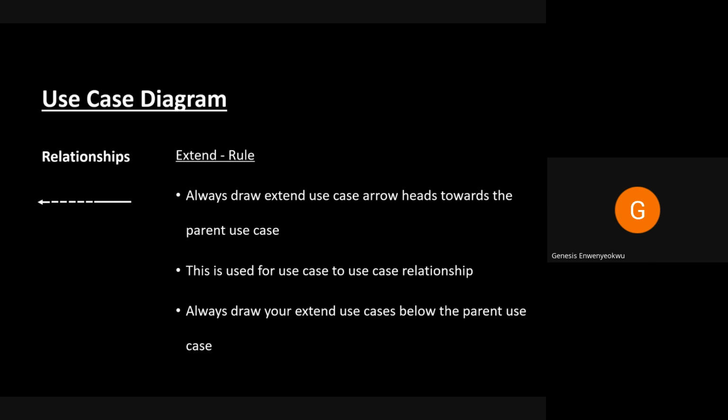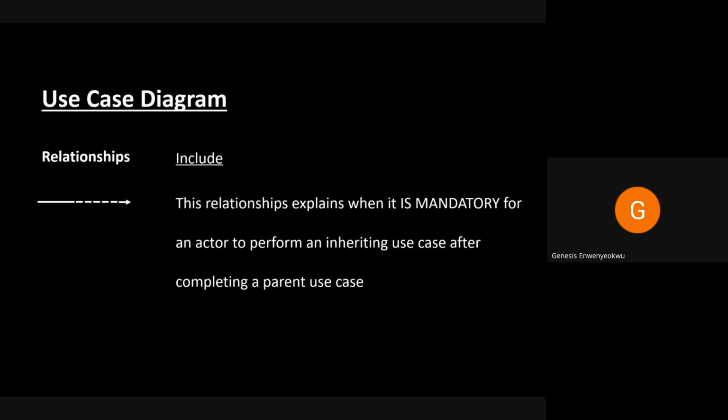The last relationship we'll be looking at is the include relationship. The include relationship works almost the same way the extend relationship works. The only difference between these two is that you are mandated to perform that include use case, that inheriting use case. If you don't perform it, you can't continue.